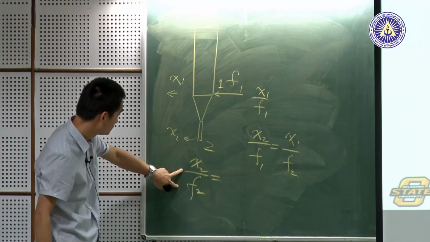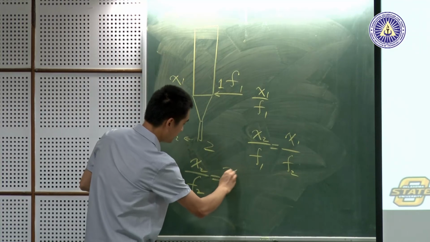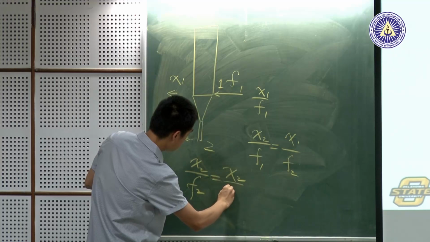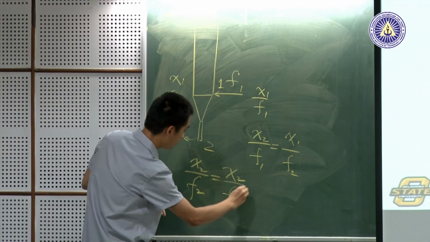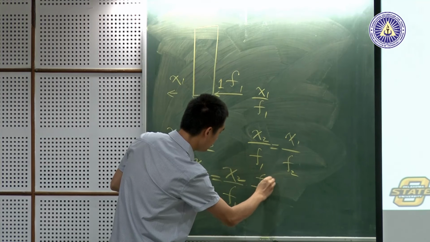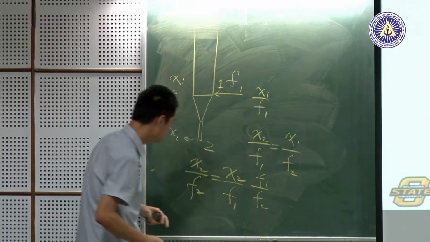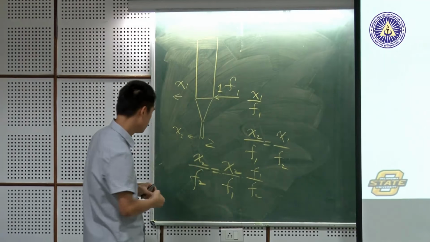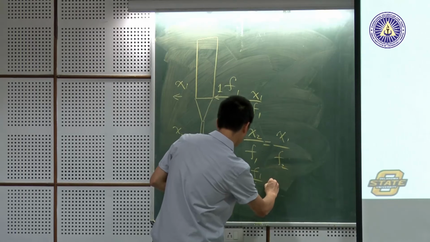So how do we do that? X2 divided by F1 and F1 divided by F2. We just add this F1 here.